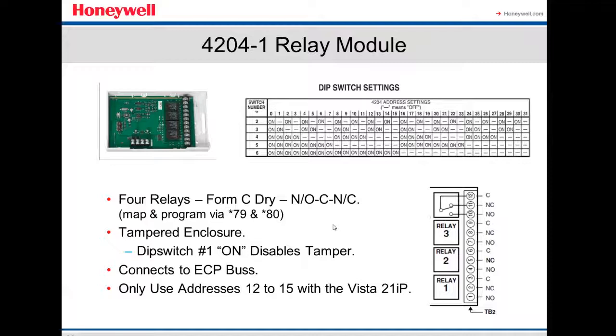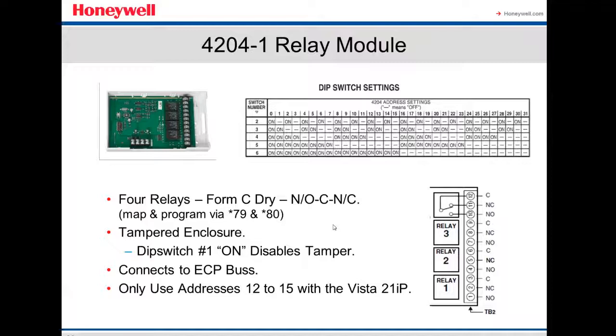We can also install the wireless receiver, which we use for all the wireless devices. We have several kinds of 5800 wireless receivers: the 5881, the ENL, the ENM, and the ENH.